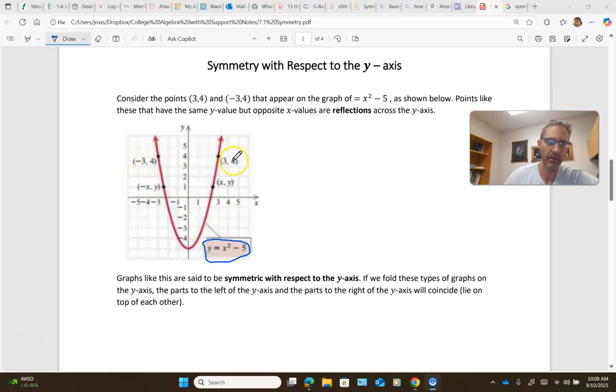See, 4 and 4. But the x coordinates are opposites, -3 over here, and then +3 over here. So that's what creates the y-axis symmetry. Now, for quadratic functions to have y-axis symmetry, they have to be centered on the y-axis. Okay, if they're shifted left or right, they're not going to have y-axis symmetry.